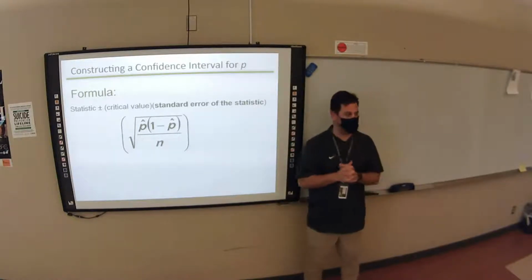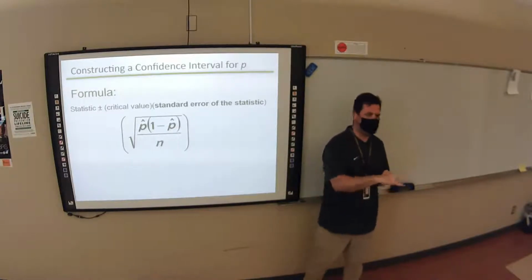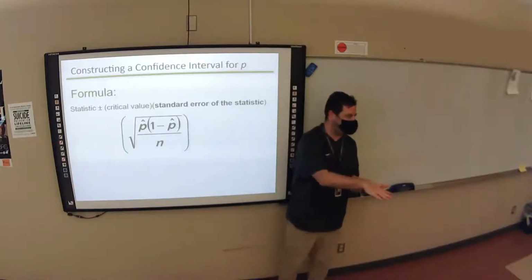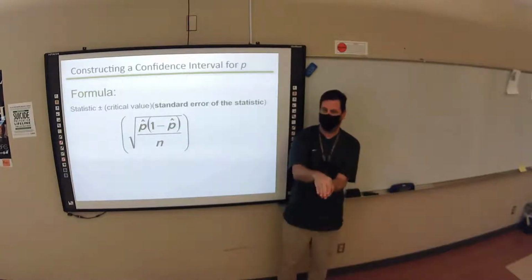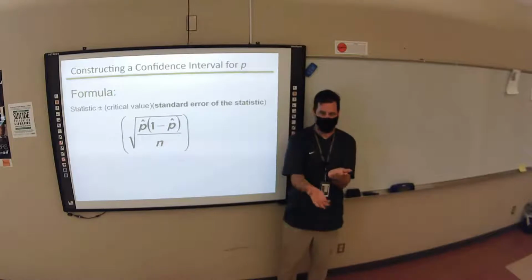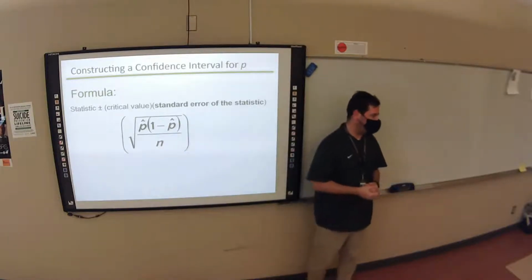Good question. Here's why they call it a standard error instead of a standard deviation: because of the hats. We're having to estimate the population standard deviation using an estimate from the sample. That's why they call it the standard error.